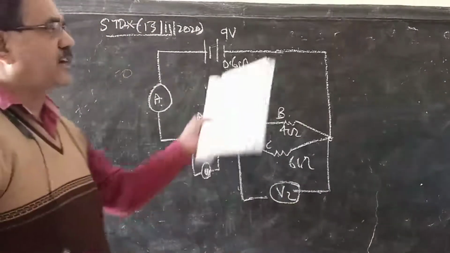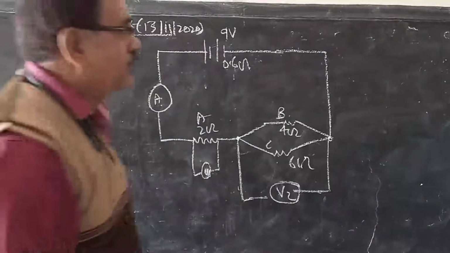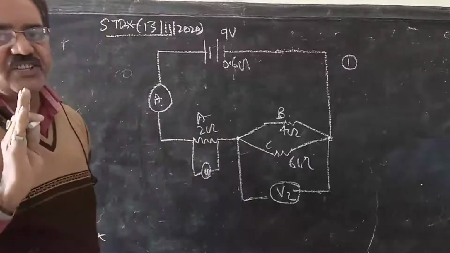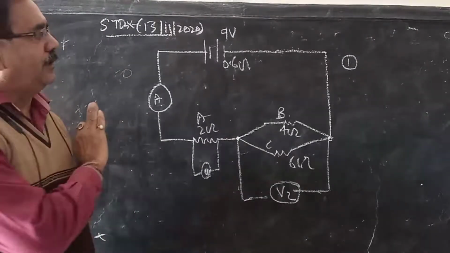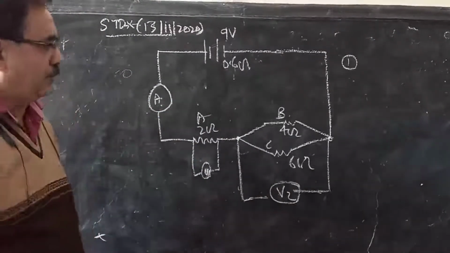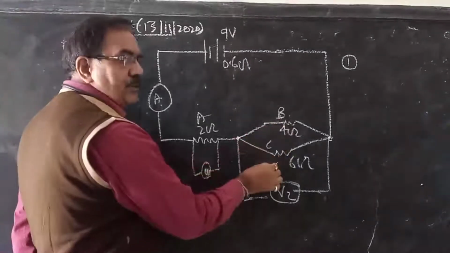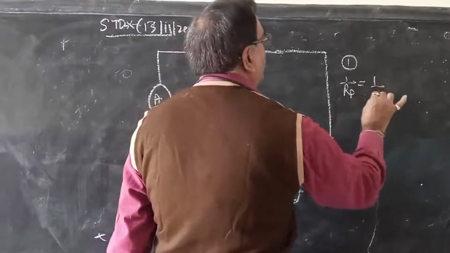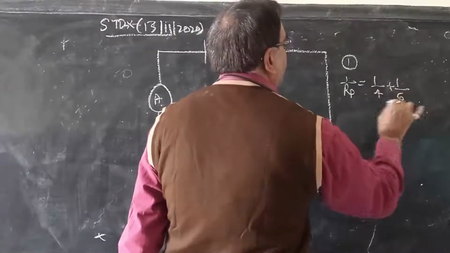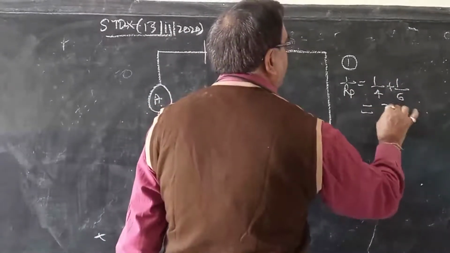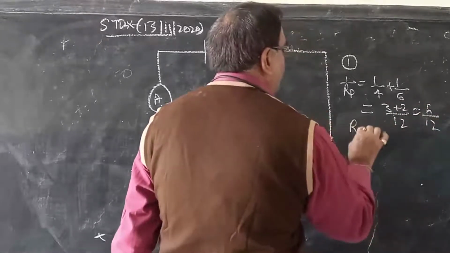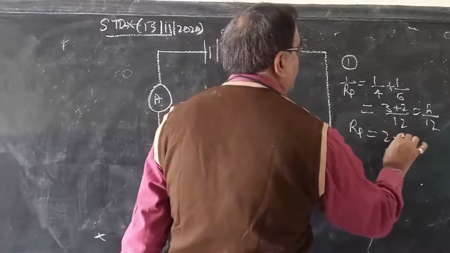First, how much current is drawn from the cell? First of all, you find the total external resistance, meaning leave the internal resistance value. So this is in parallel first. So 1 by Rp is equal to 1 by 4 plus 1 by 6, that is (3 + 2) by 12, 5 by 12, means Rp is equal to 2.4 ohm.